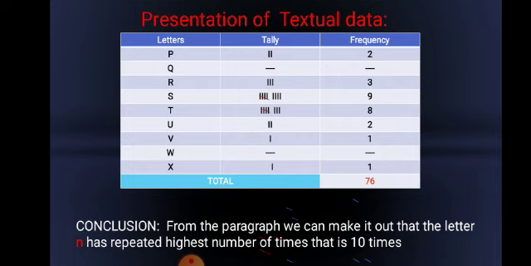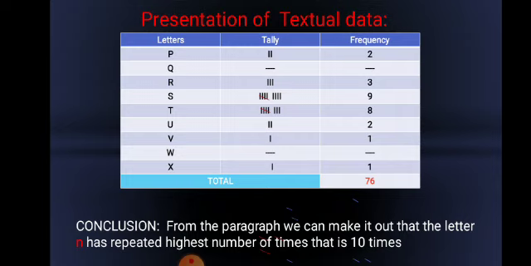If it does not come to 76, then you may have made some mistakes in the preparation of the tally. You have to cross verify all the letters in the paragraph, that is validation, right? If the count does not come to 76, you have to go back and verify where you made a mistake. While putting some tallies, you might have forgotten to write some numbers.